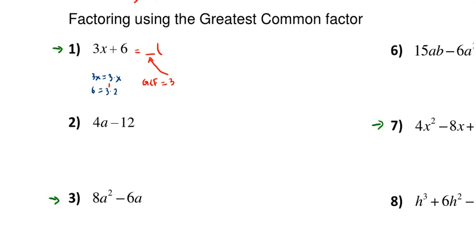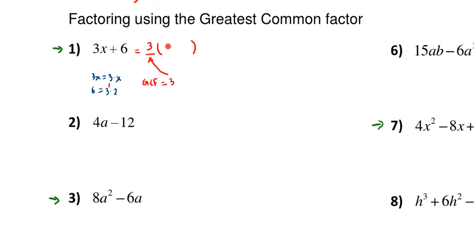And then the parentheses come. So 3 goes here. Now we think about it. You can think about it in 2 ways. What do I need here so that when I multiply 3 times this thing, I get 3x? How can I get 3x? What do I need here?